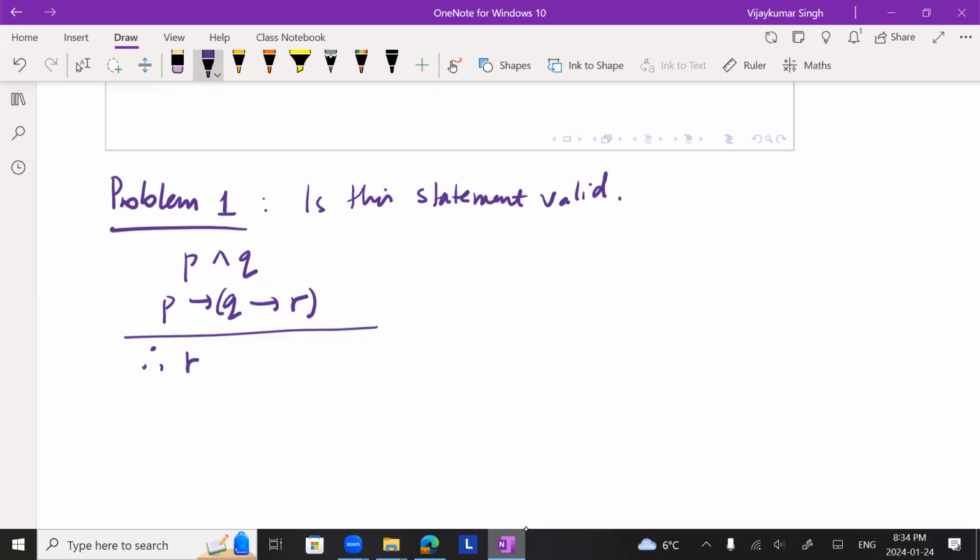So we want to basically see if this statement is valid. So how do we go about it? So that's the idea.